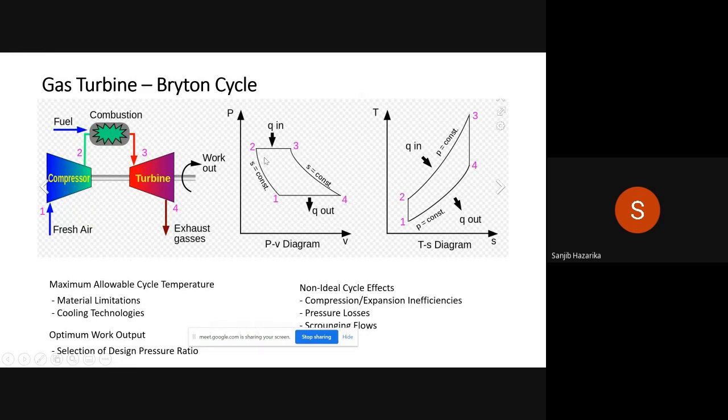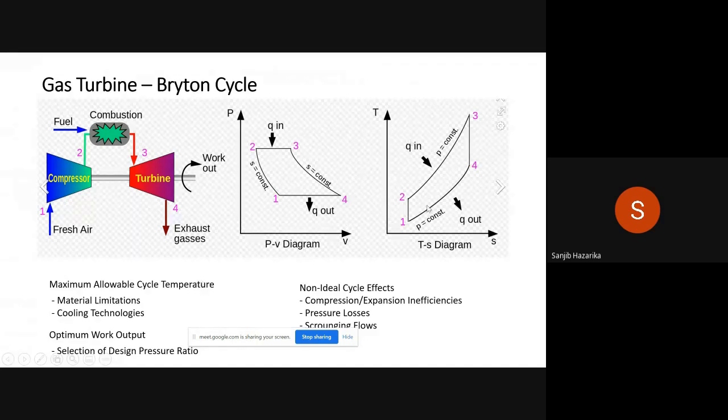So this is the ideal scenario, but in actuality it doesn't happen the same way because of other factors as well. On the right side is the T-S diagram, the temperature-entropy diagram. Same thing is happening: compression, then heat input, then expansion, and it's coming back to the same point.